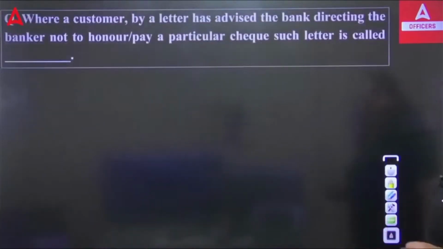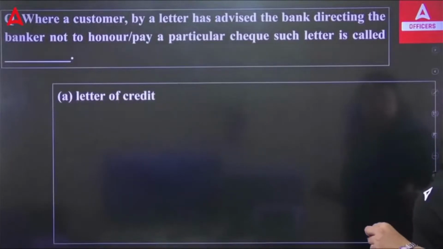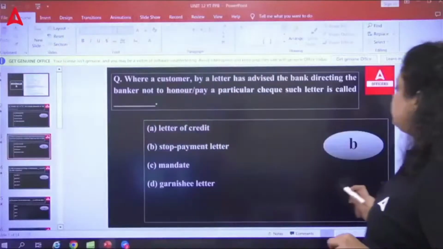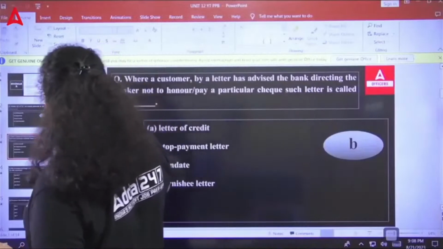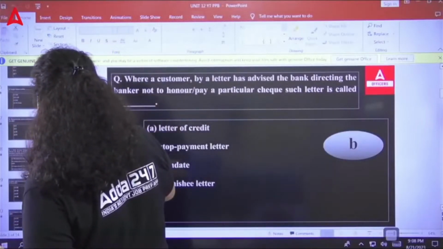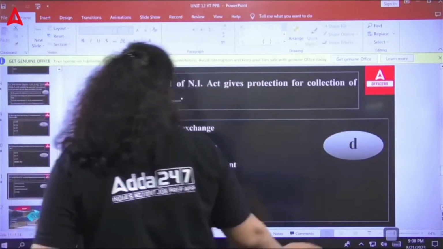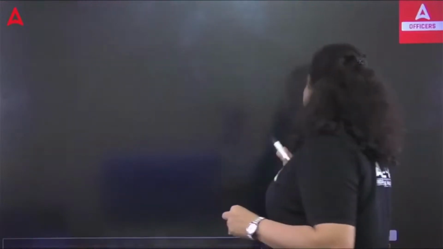Now, the next question. We have talked that Section 131 gives you the protection to your collecting banker. But in what condition is it providing the protection?